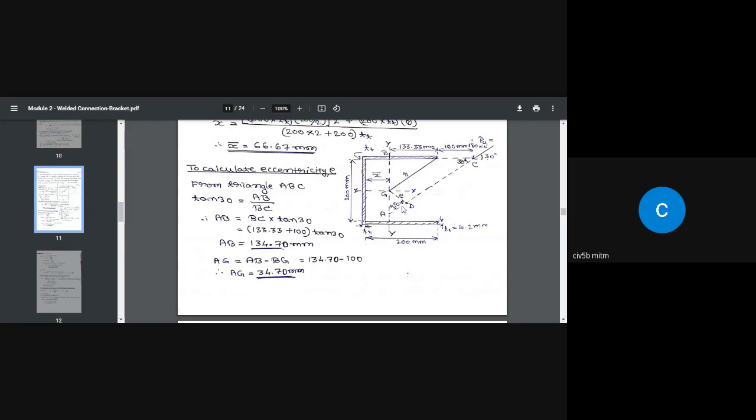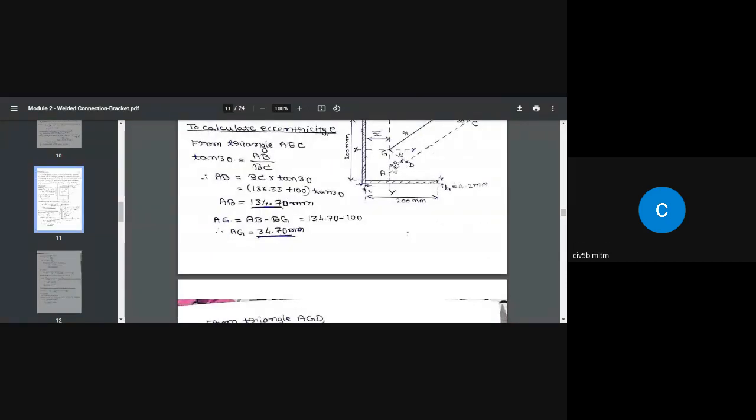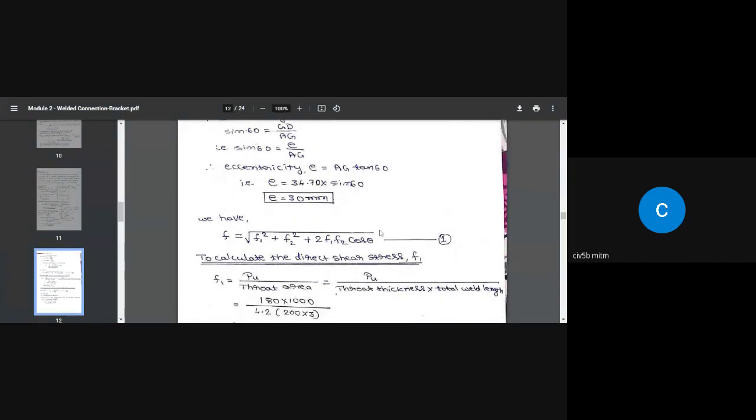Same here. In this triangle, sine 60 is opposite side by hypotenuse. Hypotenuse is known, 34.70. The opposite side is GD, the eccentricity, which we don't know. After doing this calculation, we got the eccentricity E equal to 30 millimeter.